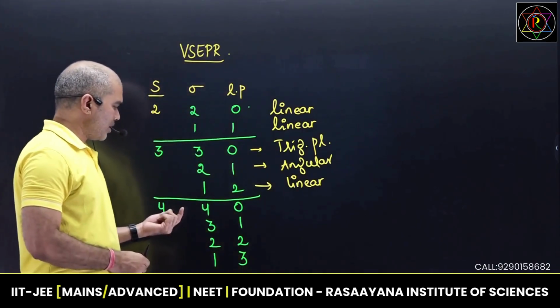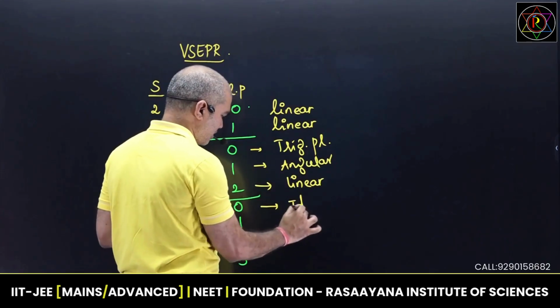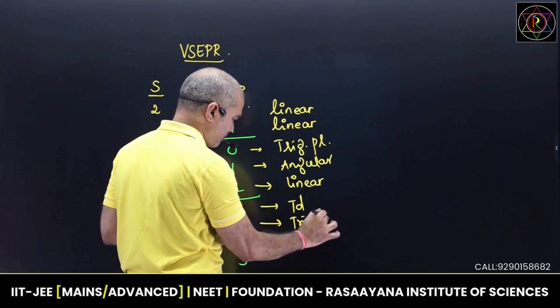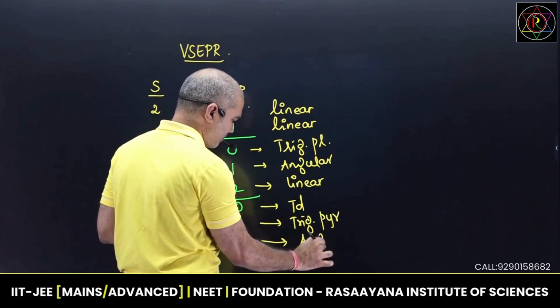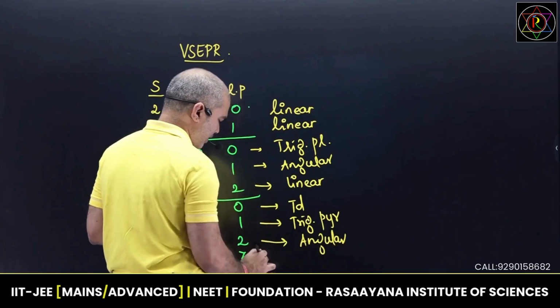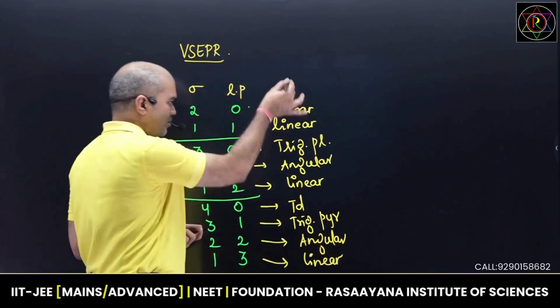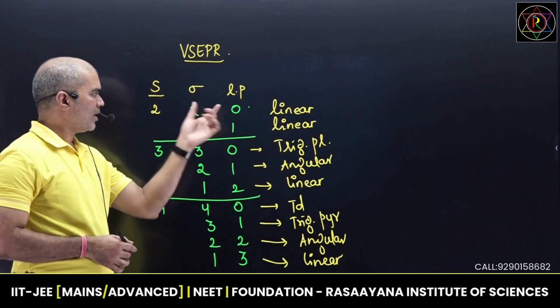Then for steric number 4, sp3 hybridization, 4-0 combination, tetrahedral. 3-1 combination, trigonal pyramidal. 2-2 combination, angular or bent. 1-3 combination, linear. These are the molecular shapes or the molecular geometries for a given electronic geometry.